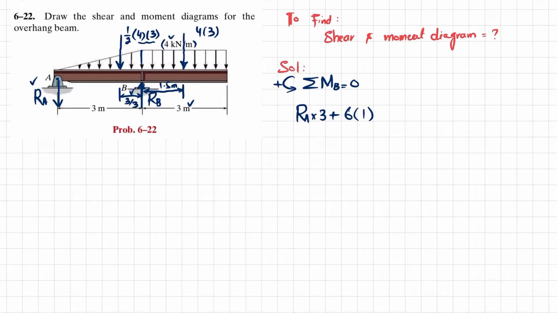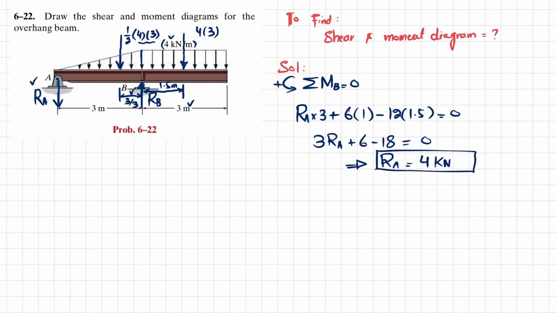The other moment produced due to this load, which is 12 into perpendicular distance 1.5, is clockwise, so it will be negative. So minus 12 into 1.5. Their sum must be equal to 0. So 3RA plus 6 minus 18 is equal to 0. From here you will get RA equal to 4 kilonewton.